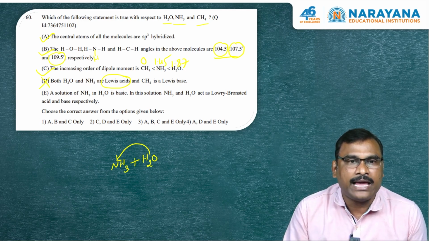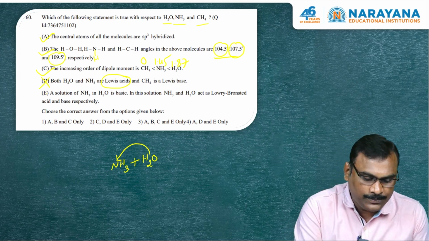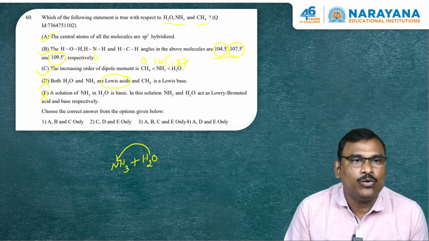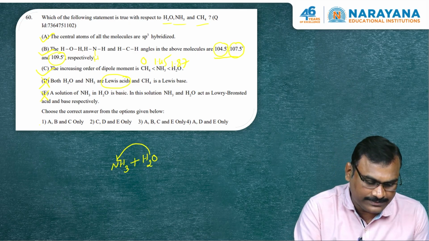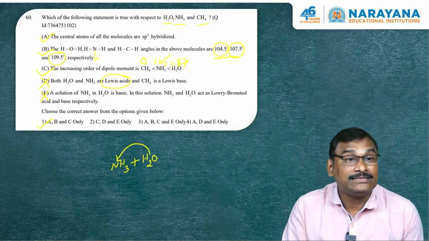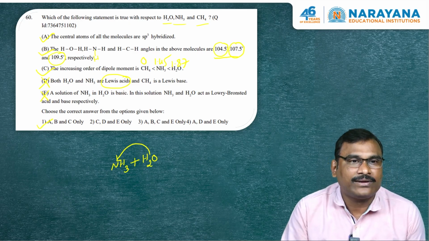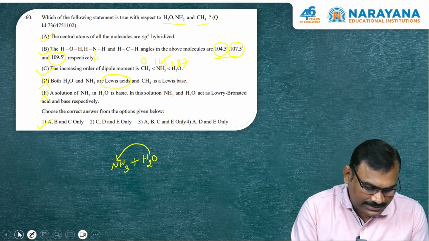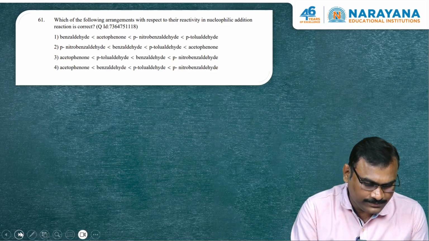So, ammonia should act as a base and water should act as an acid. So, option E is going to be wrong. So, the answer is A, B, C only. The A, B, C only option is 1. The last statement I think was taken from ionic equilibrium. Now, let us go for the next question.